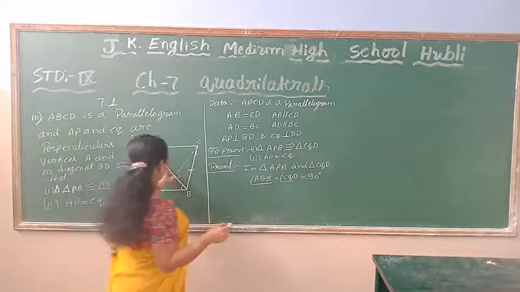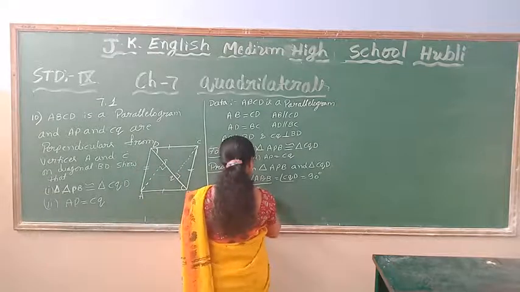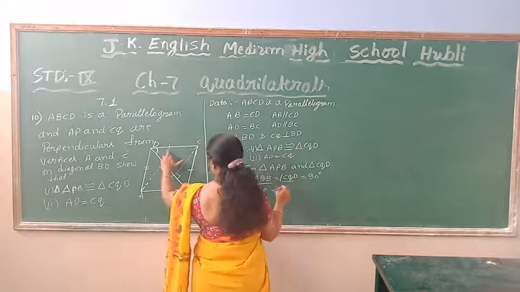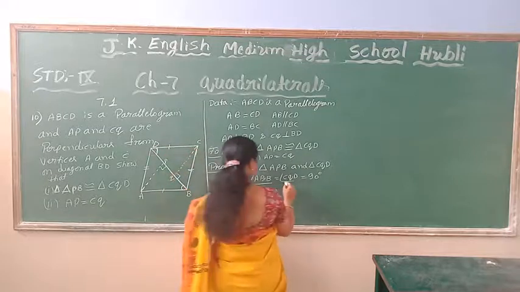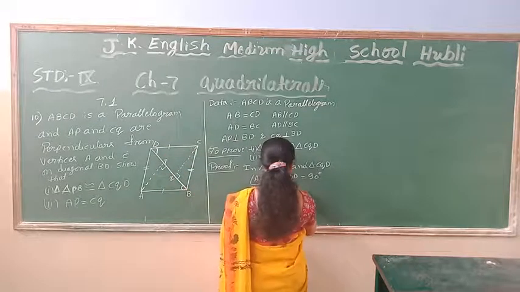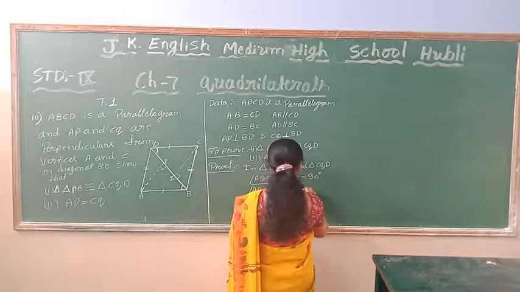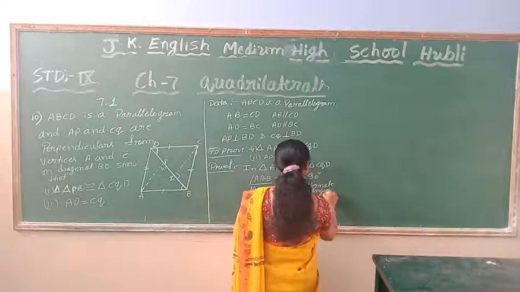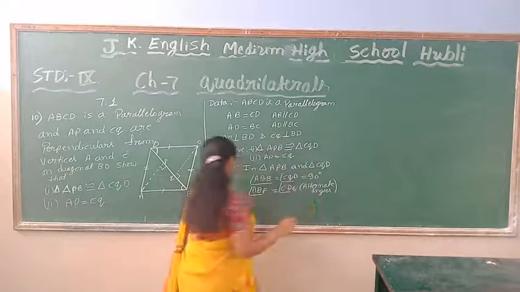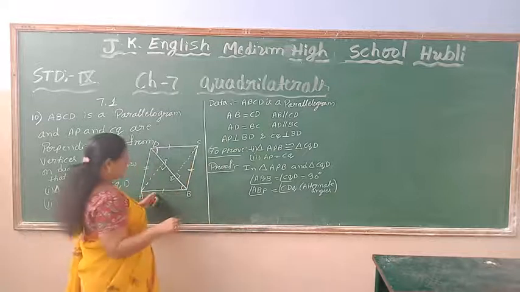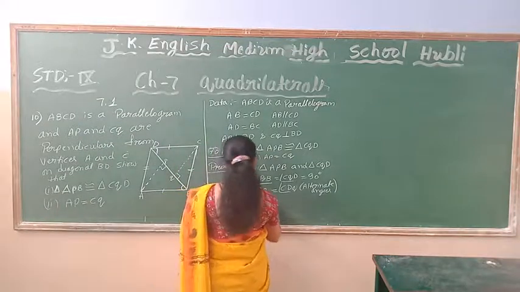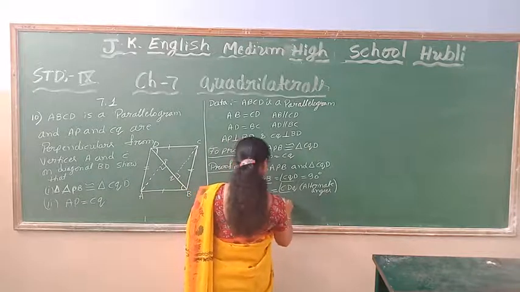So angle ABP is equal to angle CDQ. Why are these two angles equal? Because alternate angles are equal. If these two alternate angles are equal, then we know one of the corresponding sides is already equal because it is a parallelogram: AB is equal to CD.